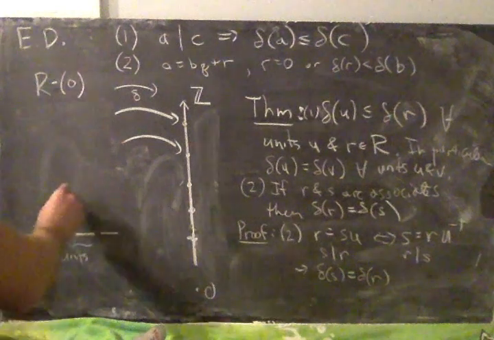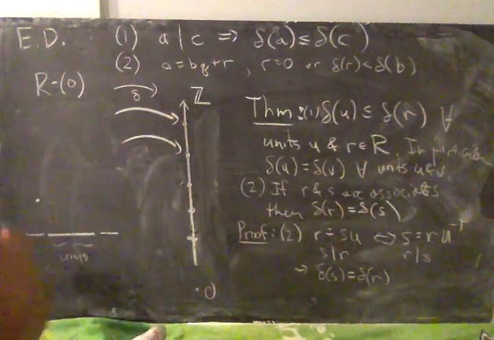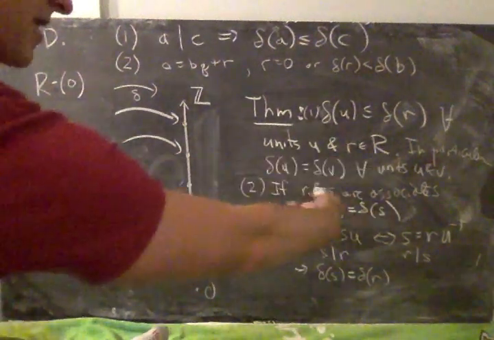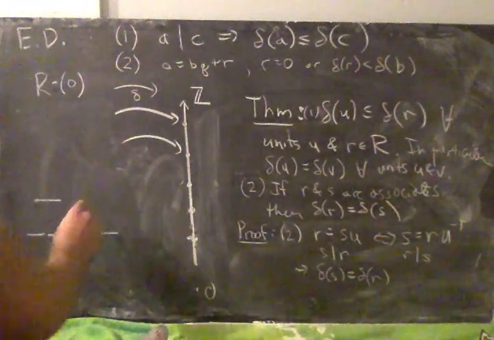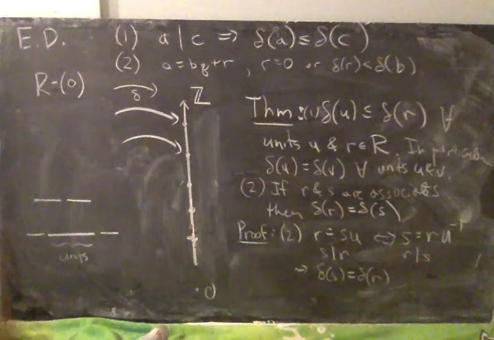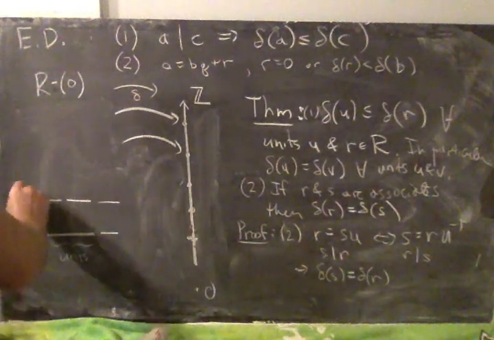And that's true of every level. So if I have something in this level, all of its associates are in the same level. So I can look at all of that thing's associates. And then I pick something else and look at all of its associates, and something else and look at all of its associates.